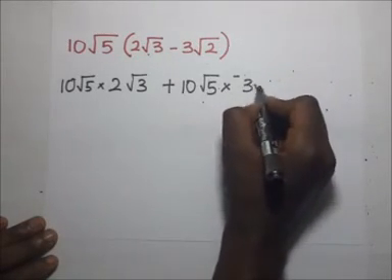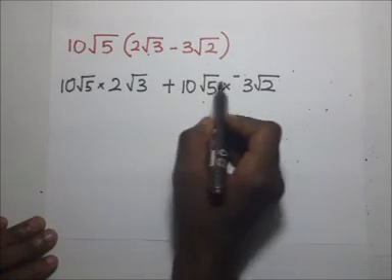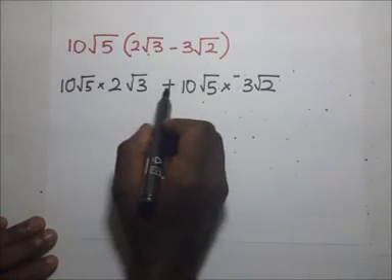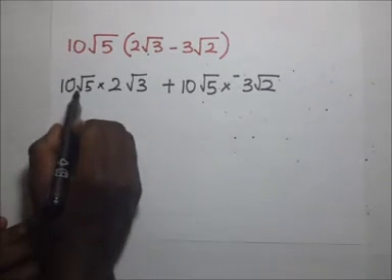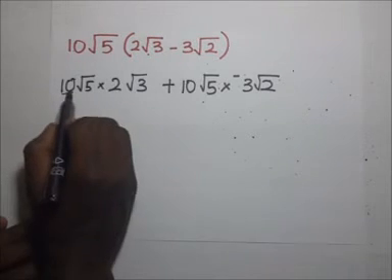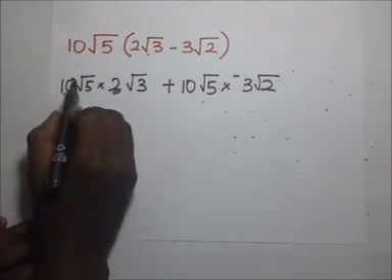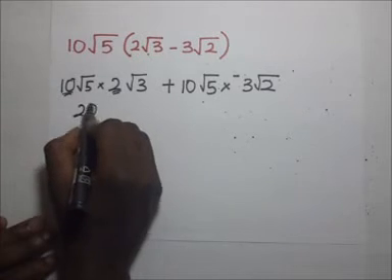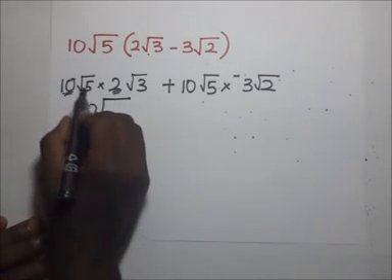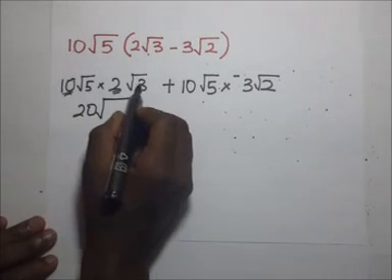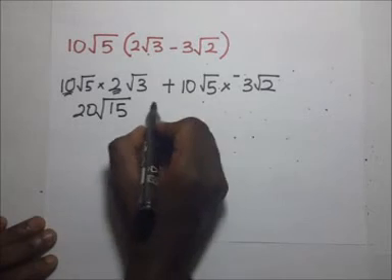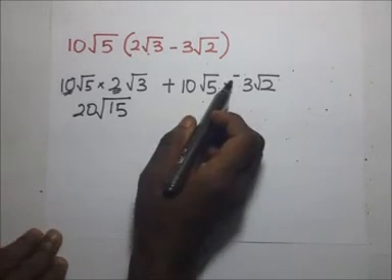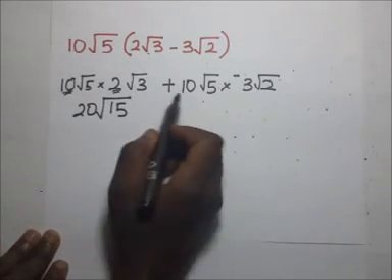Of course, we know that a positive times a negative will give us a negative answer here. So our next step, when we're multiplying this by that, we are going to say it's 10 times 2. We multiply the whole numbers first. 10 times 2 is going to give us 20 under the square root of 5 times 3, which is 15. Then, of course, here this will be minus because a positive and a negative should give us a negative answer.